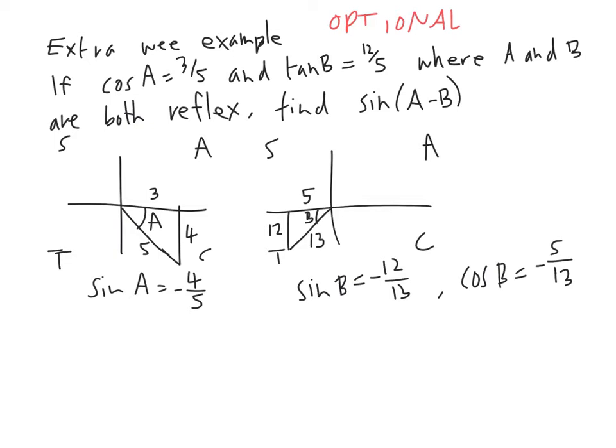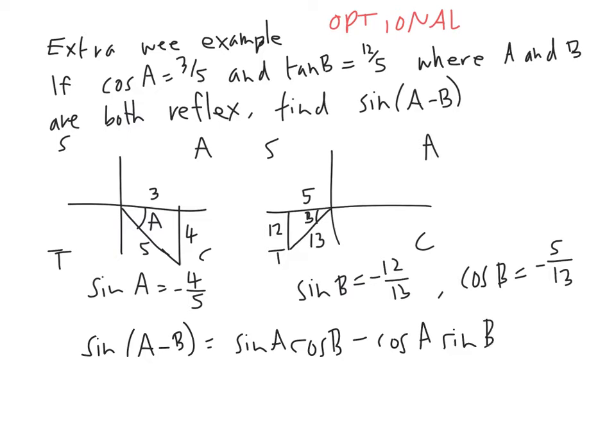So why did I want to work out those equations? Well, we're trying to work out the sine of A minus B, and the formula is sine A cos B minus cos A sine B. So now we can simply replace, and we get minus 4/5 for sine A, cos B is minus 5 over 13.